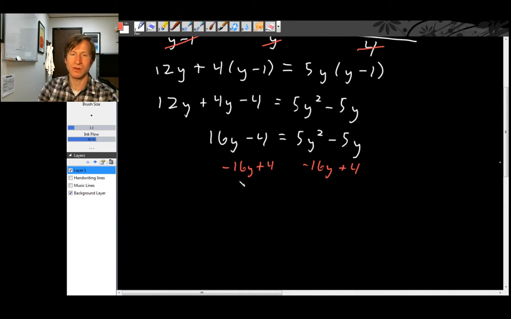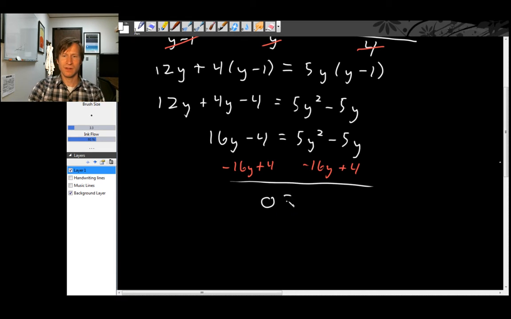I'm sorry, add 4 to both sides. We get 0 on the left, and on the right we get 5y squared minus 21y plus 4. Okay, to solve this, we need to factor the right-hand side. Hopefully it does factor. If it doesn't, we're kind of in trouble.